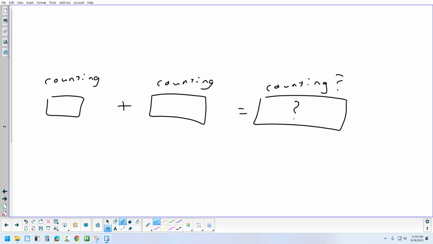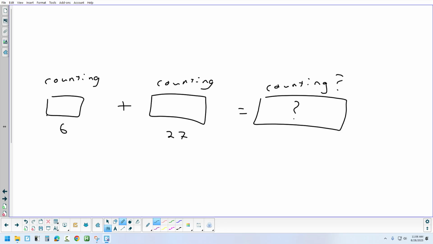Okay, so let's try an example. Could somebody give me a counting number? Any counting number? 6. And how about another one? 27. I'm not interested in what 6 plus 27 is. I'm interested if the answer is a counting number. So if you add 6 and 27, do you get a counting number?